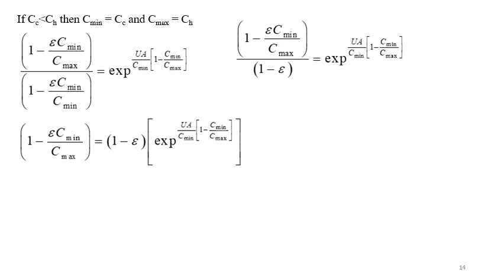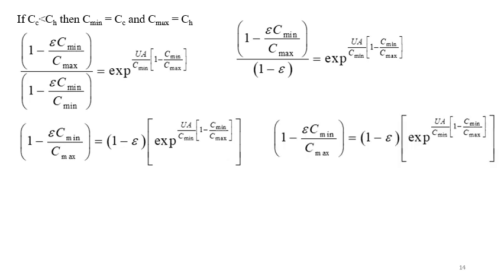Now further simplifying and equating C minimum to Cc and C max to Ch, we get this equation, and further simplifying, we get (1 minus effectiveness into C minimum divided by C max) equal to (1 minus effectiveness) into exponential to the power UA by C min into (1 minus C min by C max).